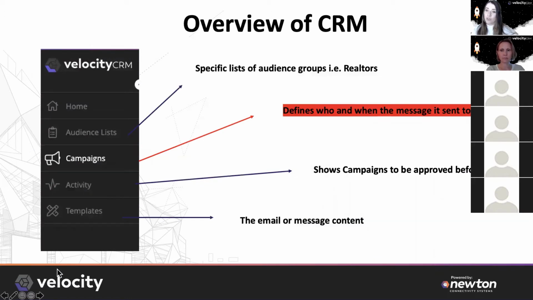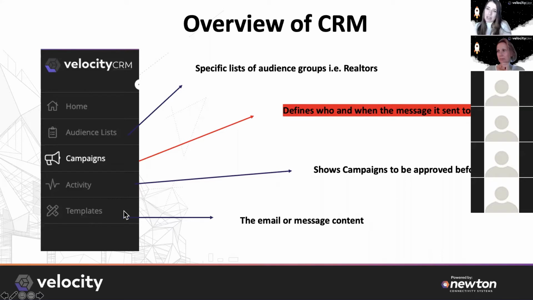First off, an overview. So when I log into the CRM in a couple of seconds, this is what you're going to see on the left side. You're going to have the audience list, which we will cover today as well, campaigns, which is, of course, our main focus, as well as the activity page, and templates. So templates is the training that I do every Wednesday. And a note on that, the templates and the campaigns are kind of like a couple.